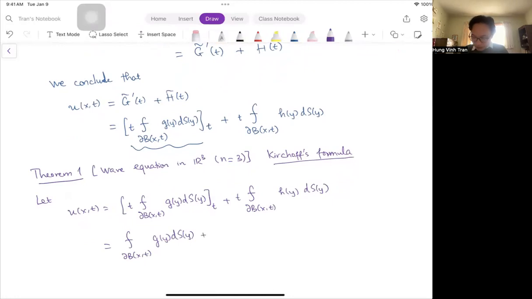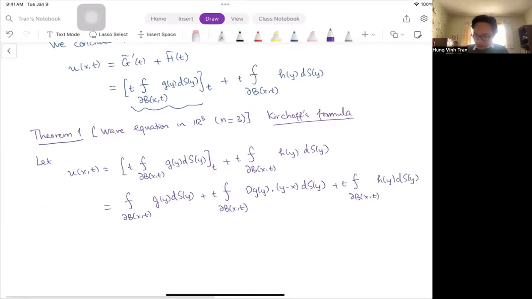Or if you hit the derivative inside the sphere of radius t, by doing the change of variable, you can realize that this is exactly equal to the gradient of g(y) dot with (y minus x) dS(y). And then the last term is just the same, h(y) dS(y).